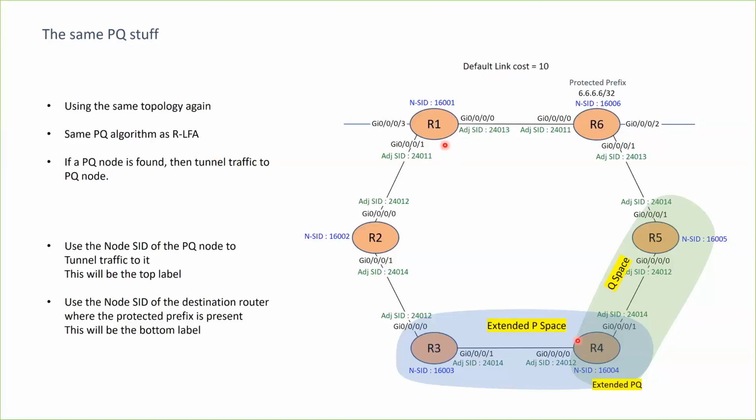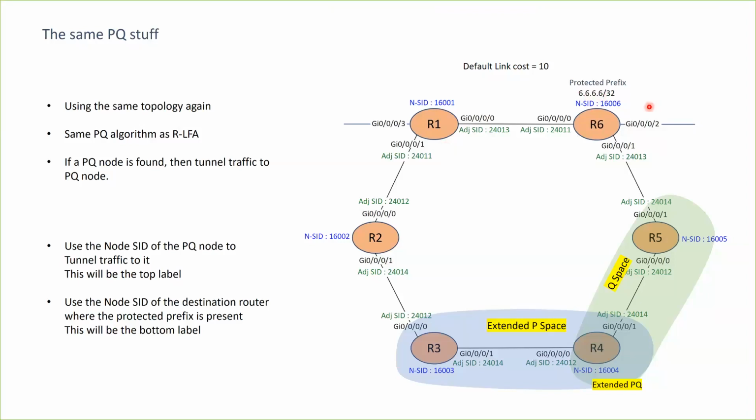So R1 has to somehow reach R4 and then go on to the destination. Note that my destination is 6666 because, as I said, in segment routing we don't assign labels to prefixes. We assign labels only to the nodes. In this case I've kept my node as R6, but this doesn't mean that it won't protect 150.0.0.0.